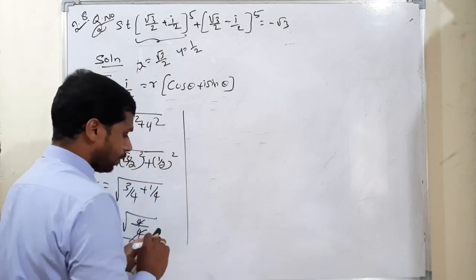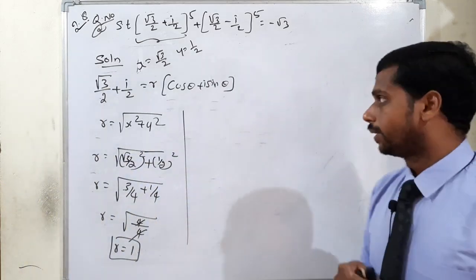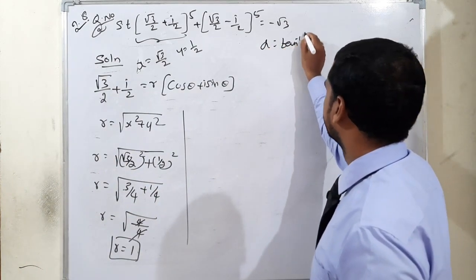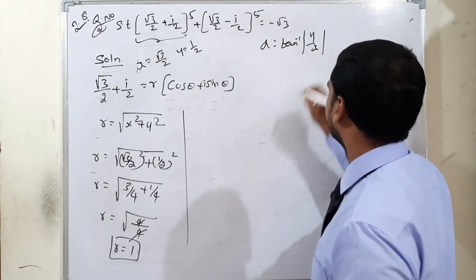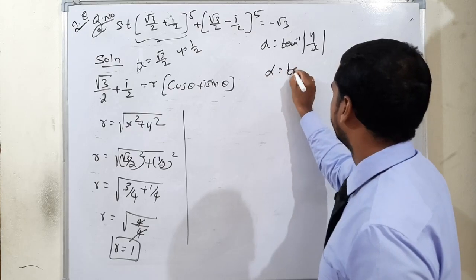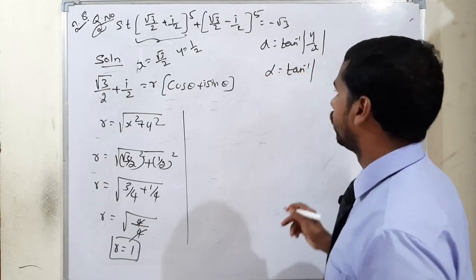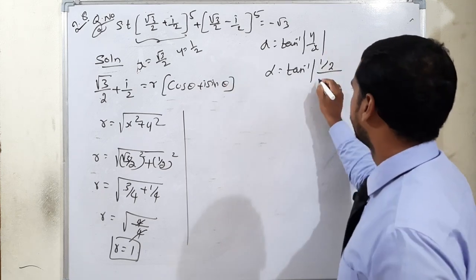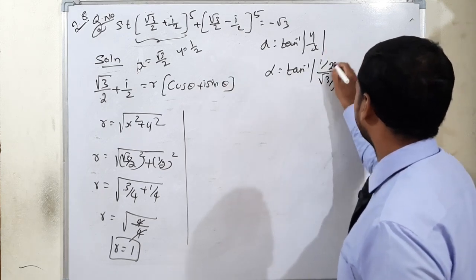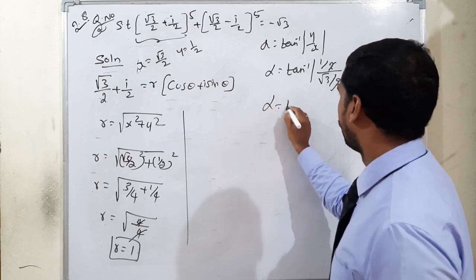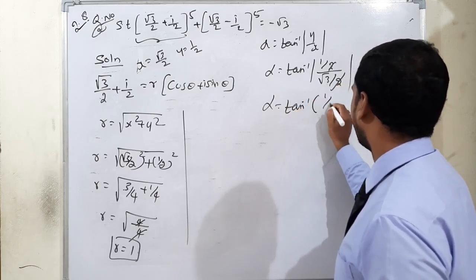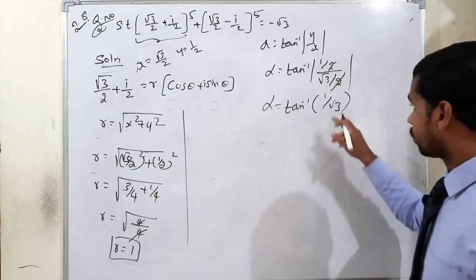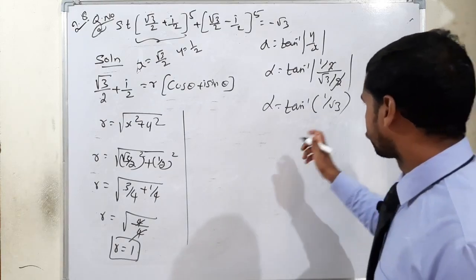Then we need to find theta, isn't it? So alpha is equal to tan inverse of the modulus of y by x. So alpha is equal to tan inverse of y, 1 by 2, over x, root 3 by 2. So the 2 cancels. Therefore alpha is equal to tan inverse 1 by root 3, which is pi by 6, isn't it?